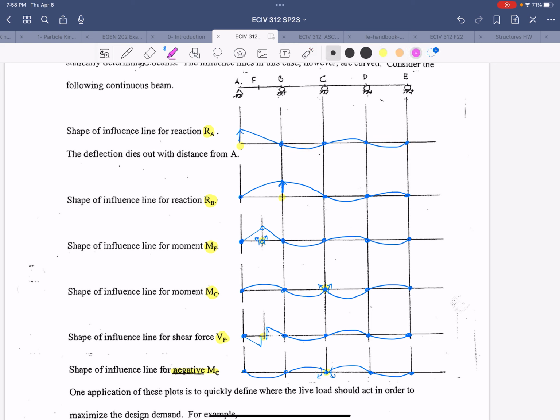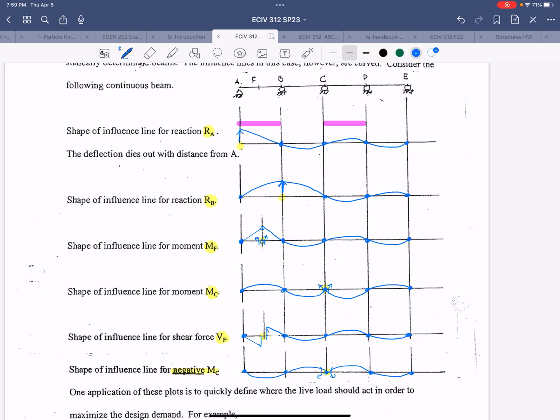The responses that are closest to the location of interest is going to have greater magnitude, right? So the magnitudes will dissipate the farther away you get from the location of the response. So we can confidently conclude that A, B, and C, D will have the placement of the live loads to maximize the reaction at A.